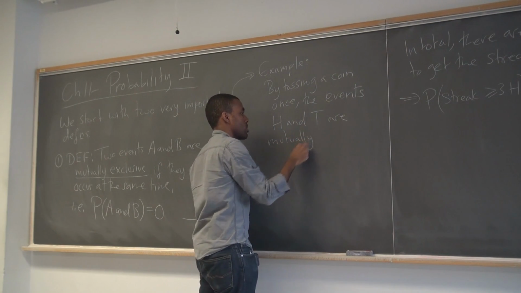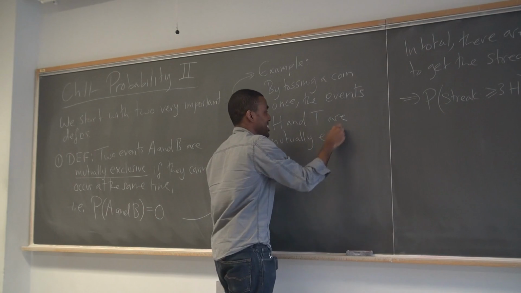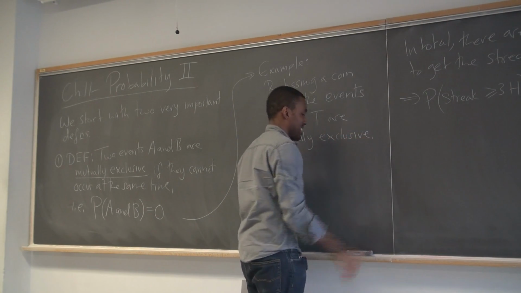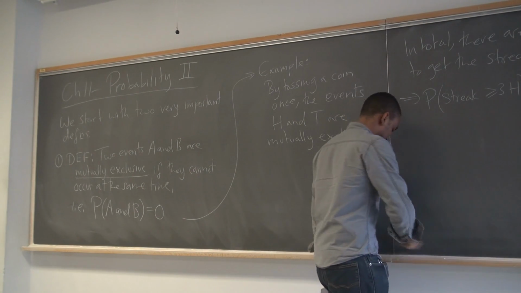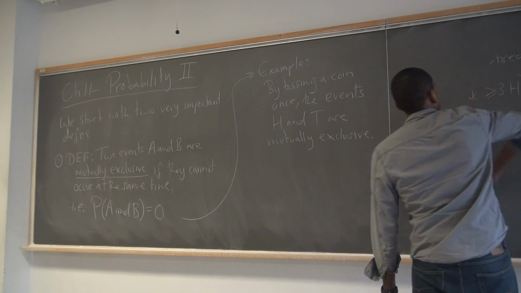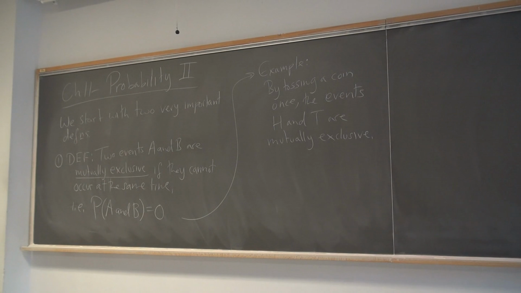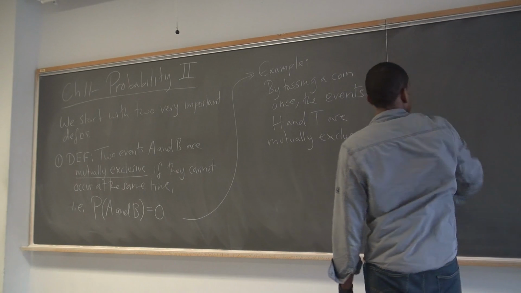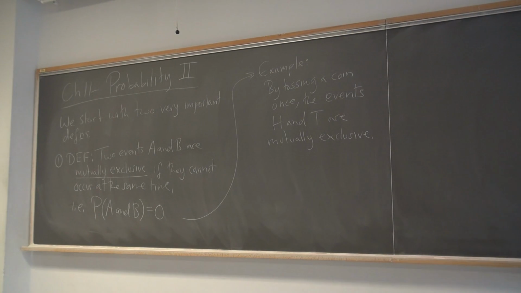Unless it lands on its side, which is neither H nor T. But that's still exclusive. Unless you have a misprinted coin. Oh yeah, then we go ahead. Two-headed things. All right, you flip the coin to make it flat. Okay, in that case, then you're affecting that.